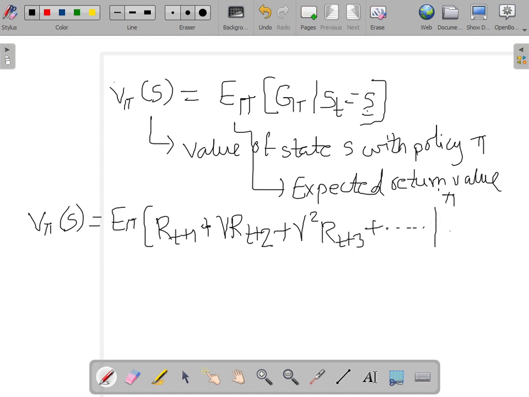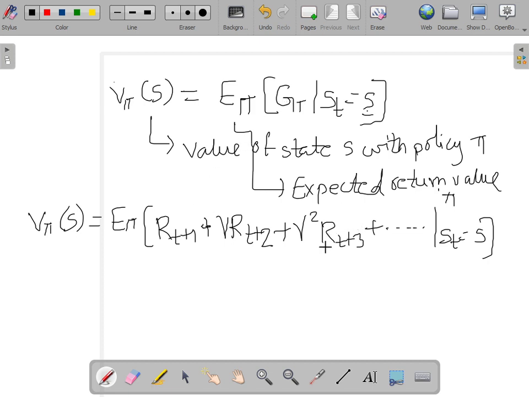Okay, where the state S is at time t. So now what is this? This is G of t, so we replace this G of t with this equation.